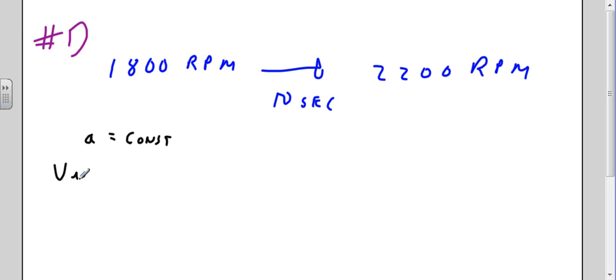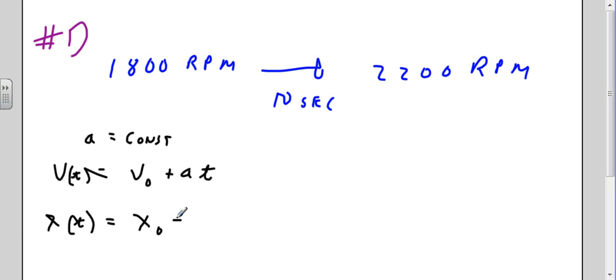And velocity at time t is going to equal my initial velocity plus my acceleration times t, and my position at time t is going to be position naught plus my initial velocity times t plus 1/2 acceleration t squared. Now, why do we know that? Well, we know that because in chapter 22 of the book, that's what we solve.